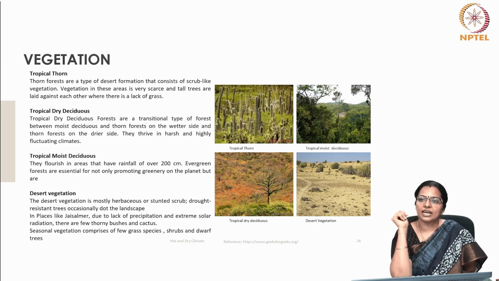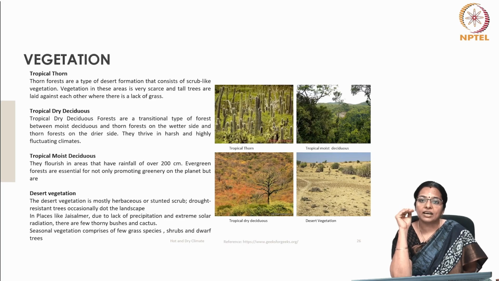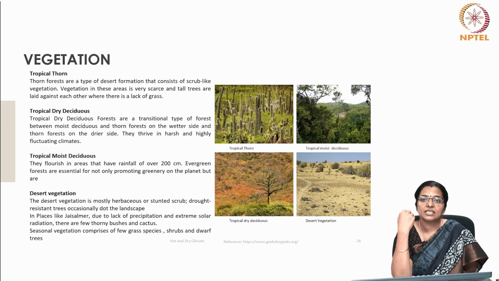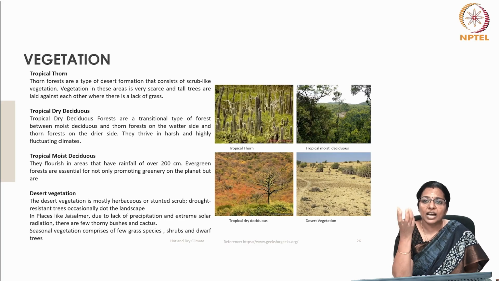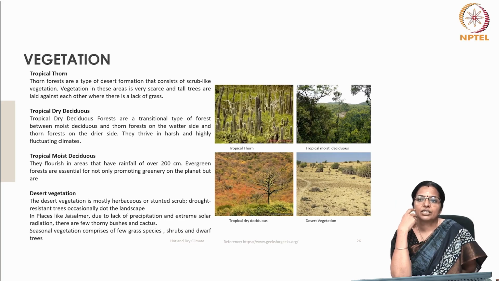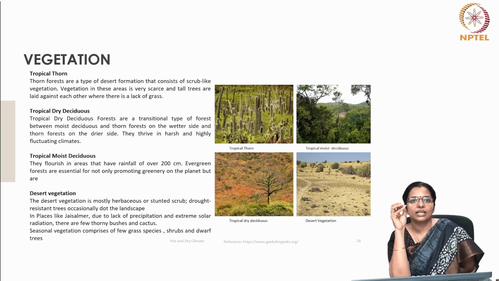Evergreen forests are extremely important, and these places can even have oases. The desert vegetation is mostly herbaceous or stunted scrub, with drought-resistant trees occasionally dotting the landscape here and there.